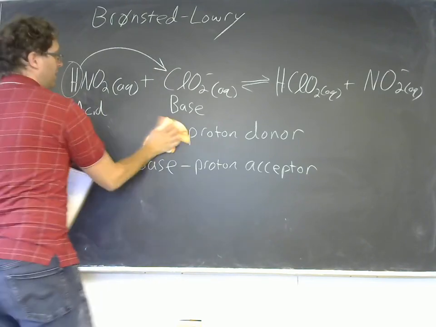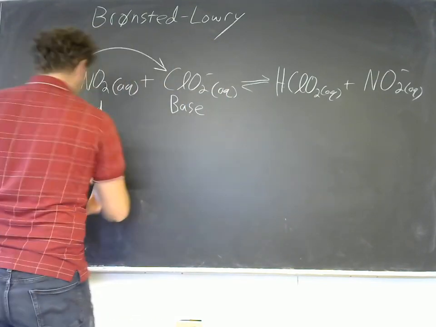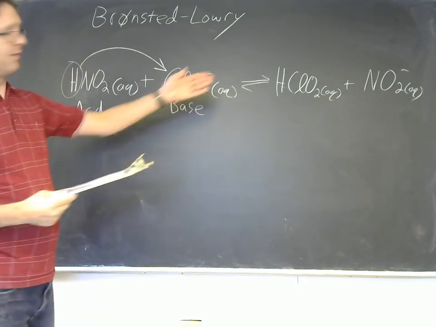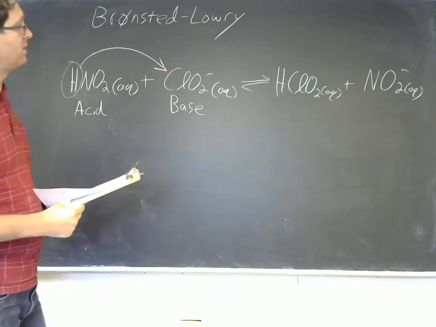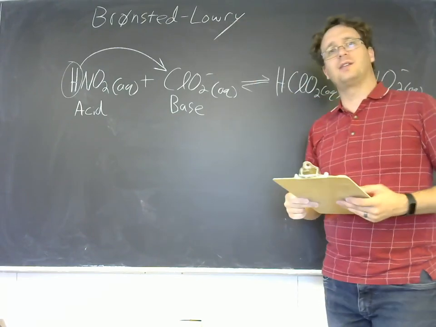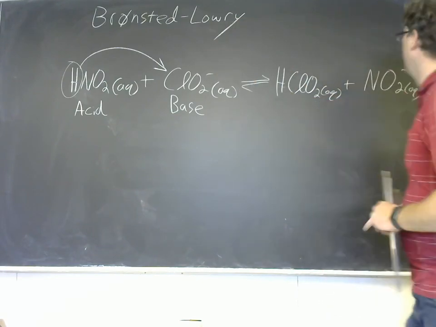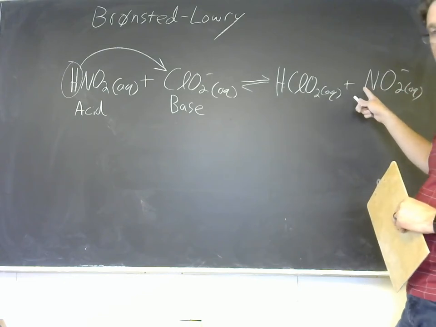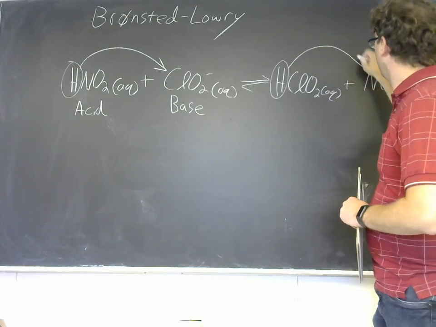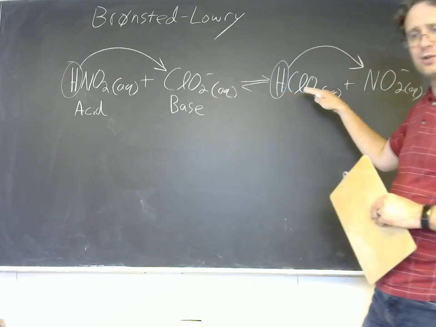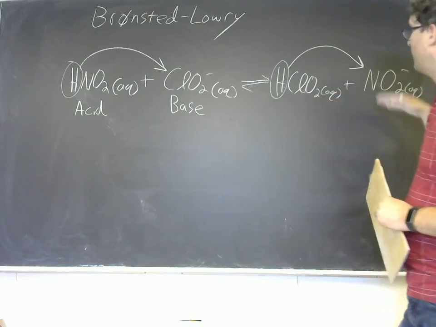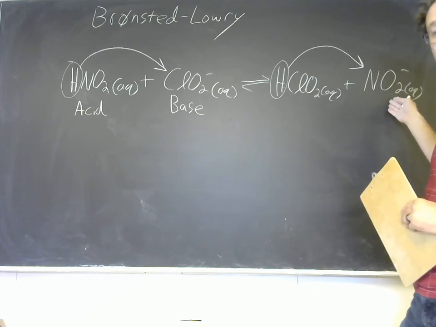Let me go ahead and erase this, because there's something really interesting going on with this reaction. It's a reversible reaction. It reaches equilibrium, and the products can react to regenerate the reactants. So let's look at this reaction in reverse. If we're thinking about it in reverse, it looks like HClO2, which is chlorous acid, is donating a proton to nitrite ion.